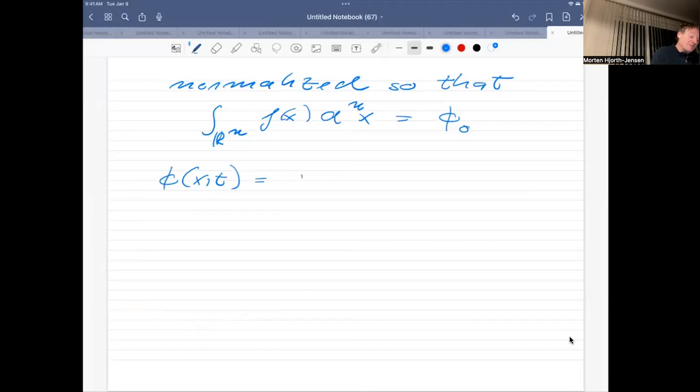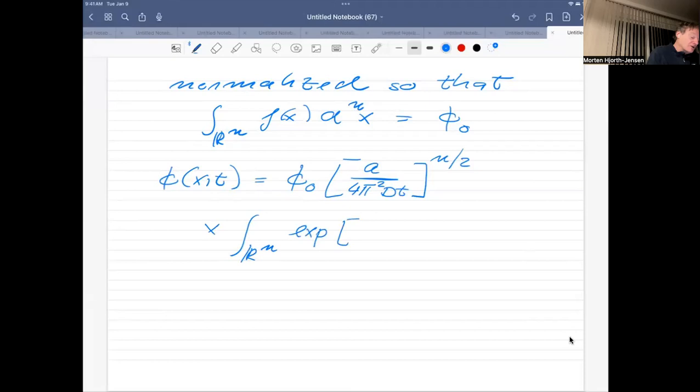So what we get then is this constant phi 0. We will have a new set of constants which comes from the integration when I perform the Fourier transform. So there's a d of t, and since I'm dealing with a quantity in n dimensions, this has a factor of n divided by 2. And this is then multiplied with the integral I'm going to perform. It has an exponential, and this exponential goes like minus a, and it contains this y squared.